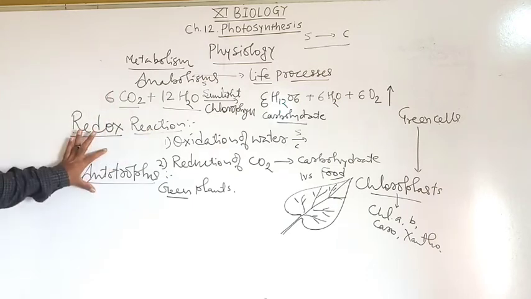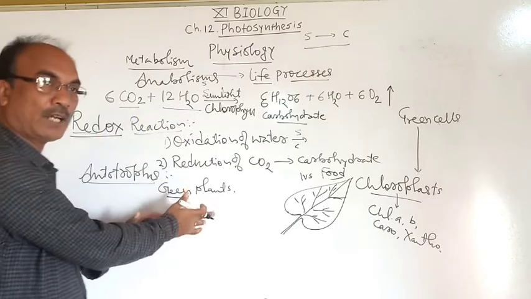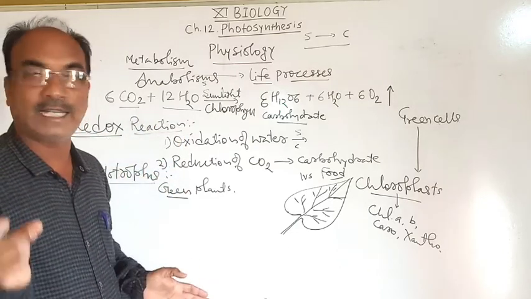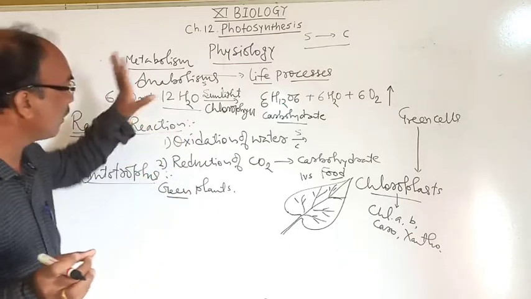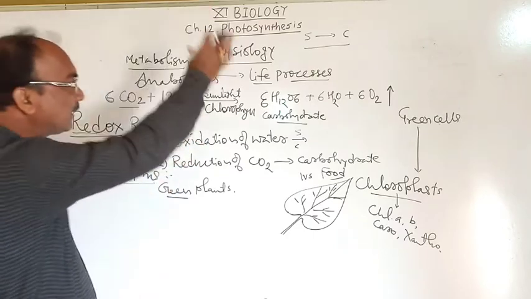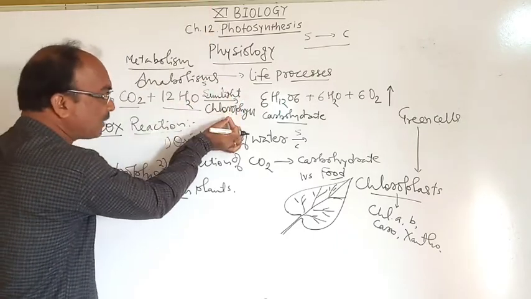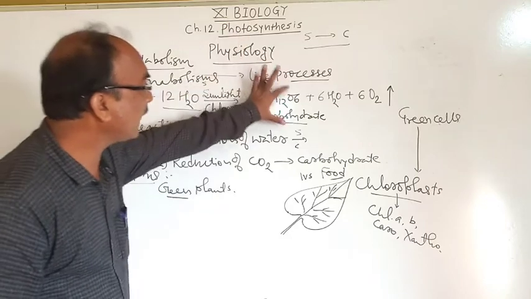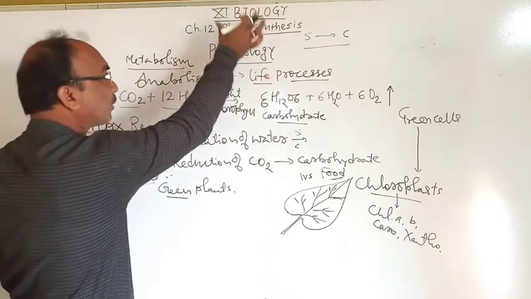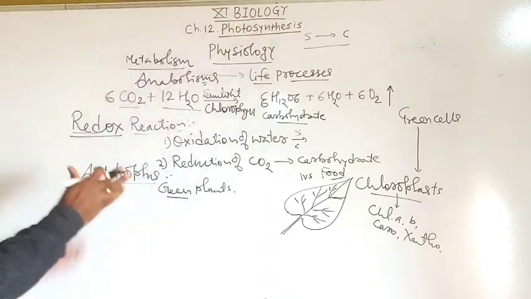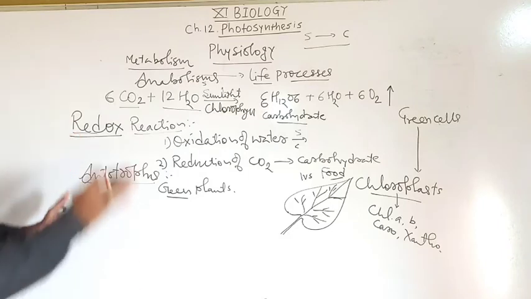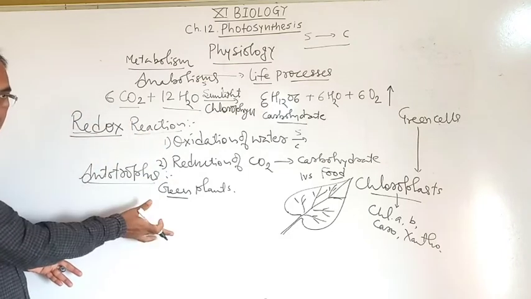Then autotrophs, the green plants make their own food material with the help of carbon dioxide, water in the presence of sunlight and chlorophyll to form an organic food, which is called photosynthesis, and those organisms are called autotrophic organisms.